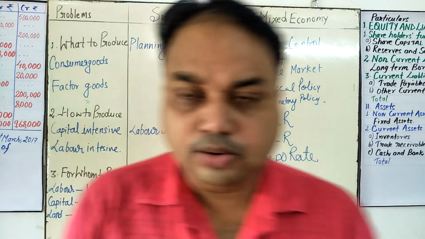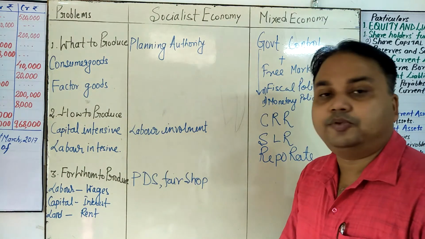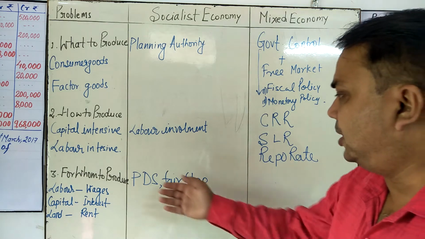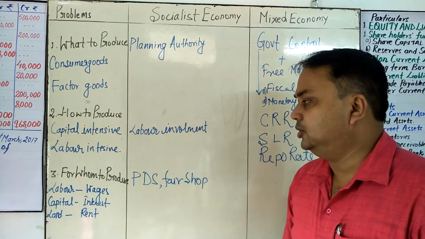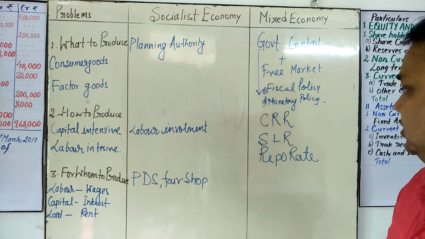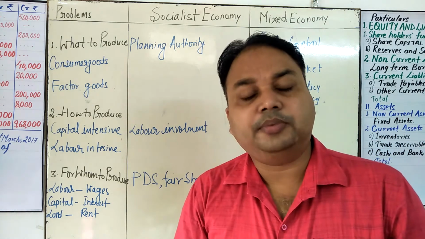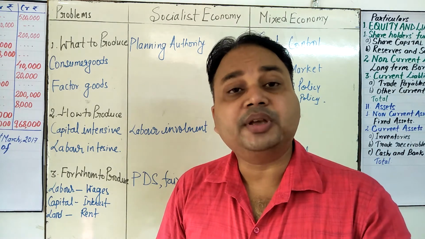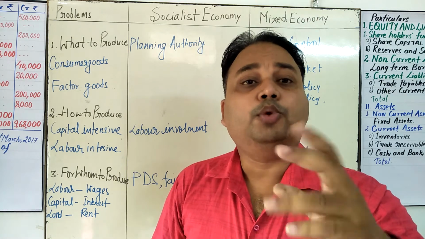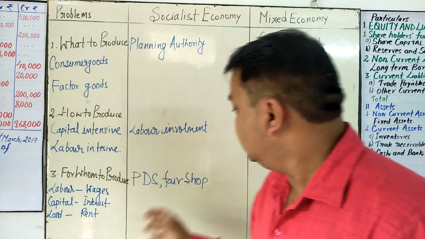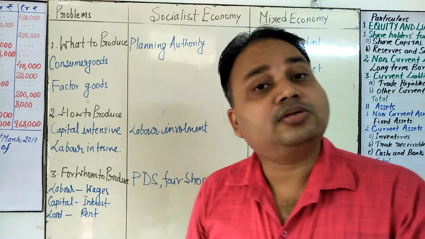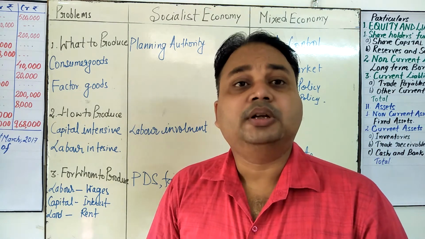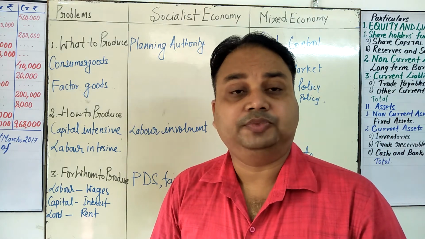So there are two examples I am giving. When you visit a public distribution system or fair price shop in your market, and you also observe a mall, you can say that our economy is a mixed economy, because in our economy both the PDS system, fair price shops, and also malls and kirana shops exist.